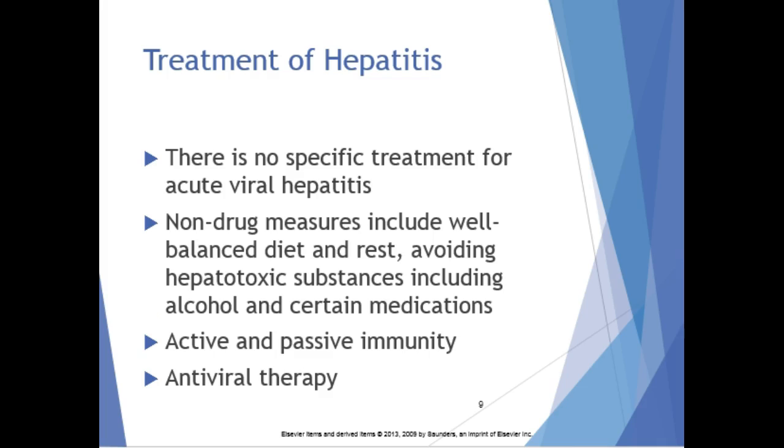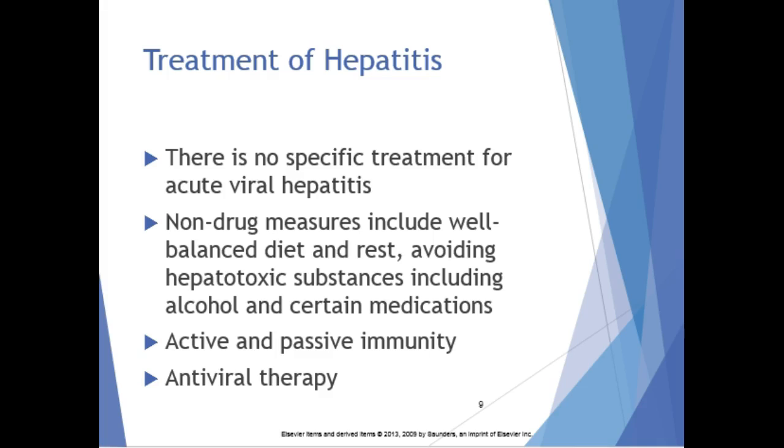As far as treatment goes, there's no specific treatment for acute viral hepatitis. There are vaccines available to prevent certain hepatitis viruses from causing illness. There are other things such as a well-balanced diet to help the liver cells to heal. 4 to 6 meals per day are tolerated better than 3 larger ones.